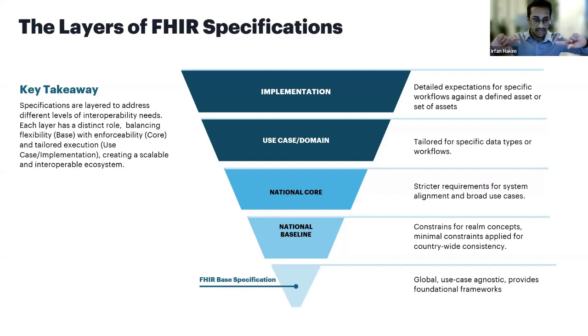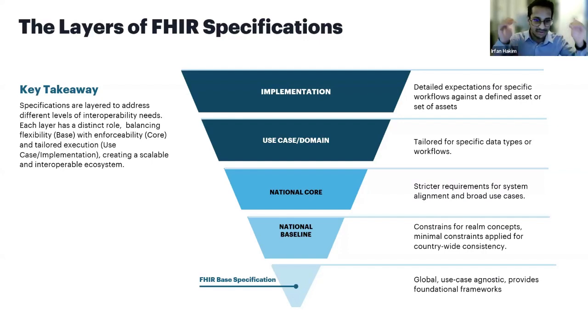When you go even further in for the national core, that's where you start defining reusable profiles, extensions, value sets, stuff that's more common in its clinical use or administrative use, or can be reused for certain broad use cases.